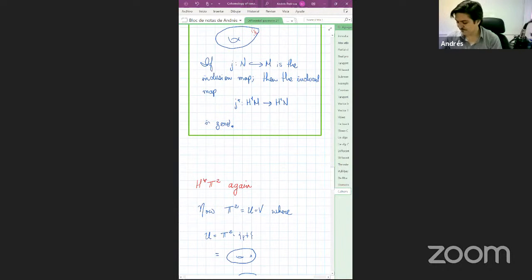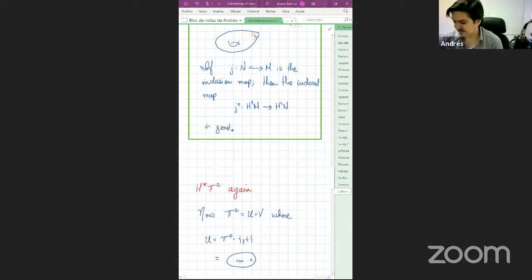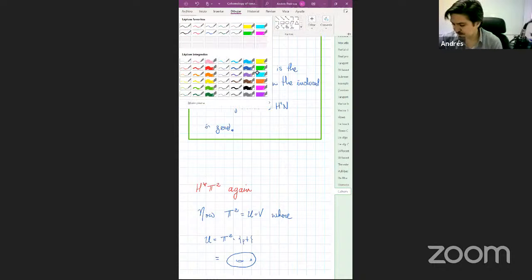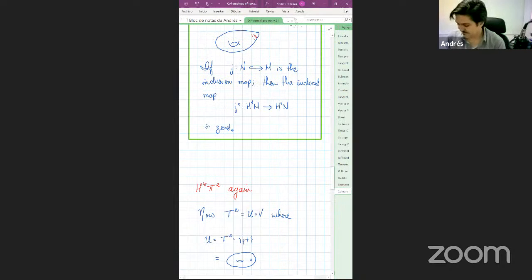Oh, wait, first, I forgot about this. Let's try to understand U. U, you have it here, is the torus minus a point. And I'm going to do a retraction. Remember how the punctured plane was retracted to the circle?